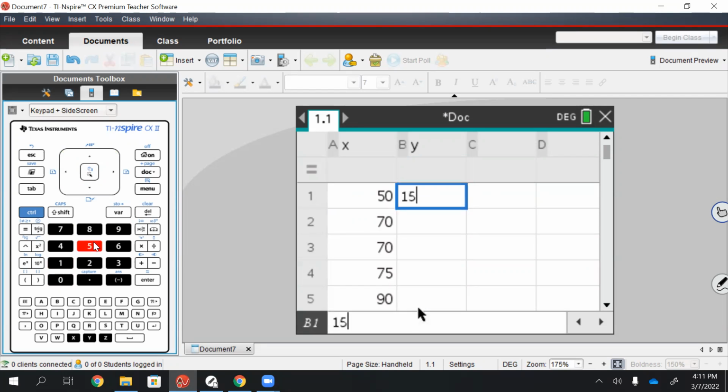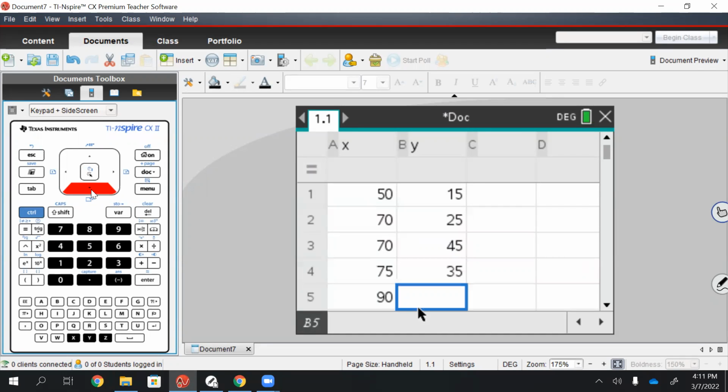So they made 15. They made 25. They made 45, 35, 35, 50, and 90. Okay, now make sure you double check your table before we go any further.